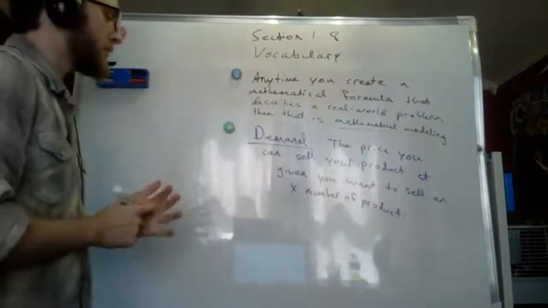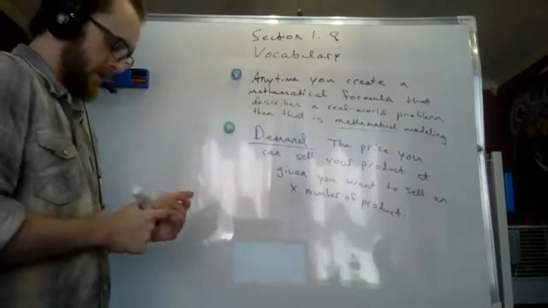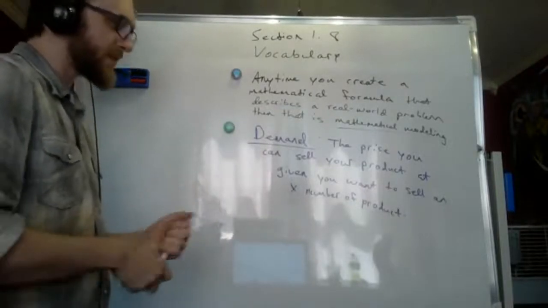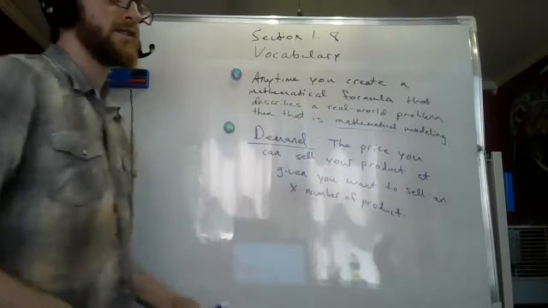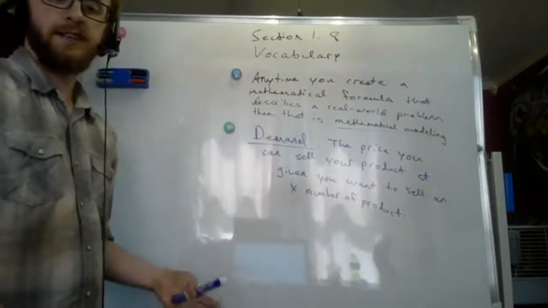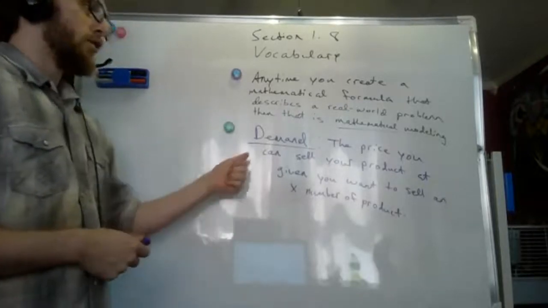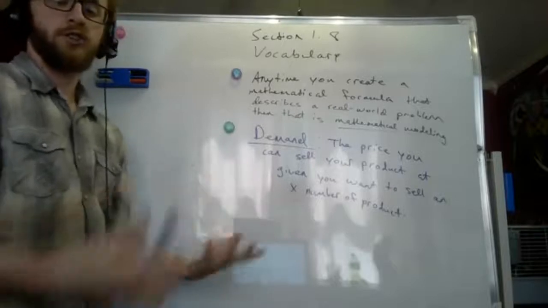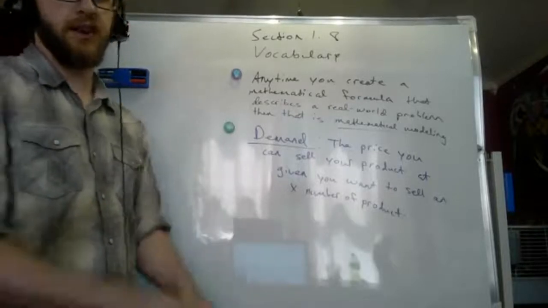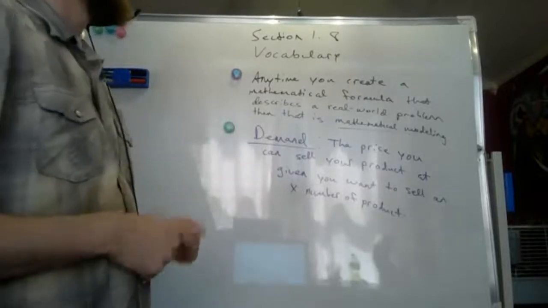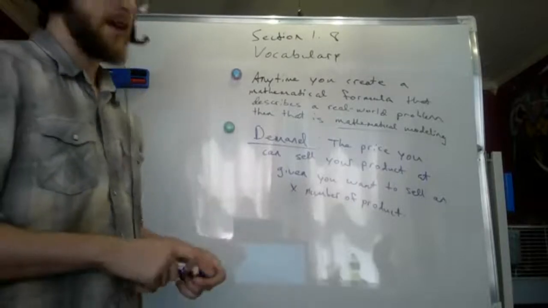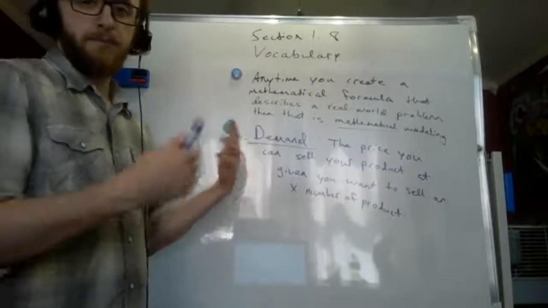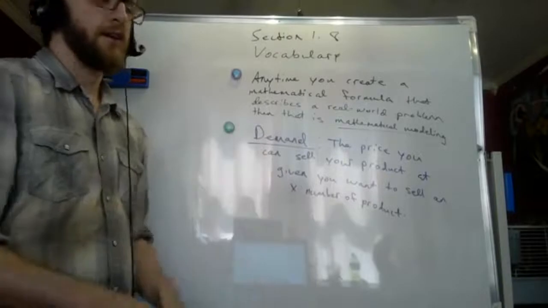If we step back and think about this, what it is saying is, if you want to sell 100 TVs, then what's the demand for 100 TVs? What price are you going to be able to sell that at? Whereas if you're trying to sell 1,000 TVs, what would your demand be? What price could you sell it at?